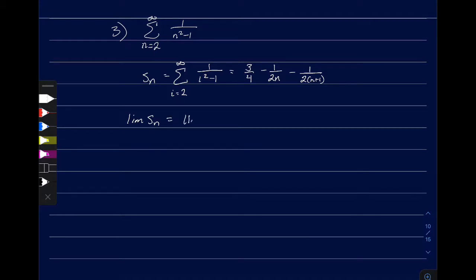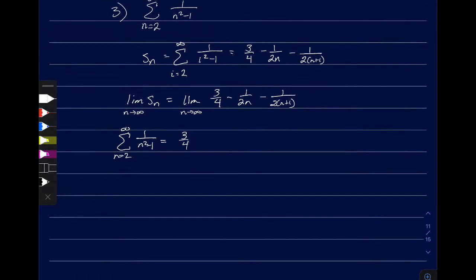Now if we were to take the limit of our sequence S_n, we get the limit as n goes to infinity of 3/4 minus 1 over 2n minus 1 over 2n plus 1, and that is going to be 3/4. So the limit of partial sums converges, which tells us that our series converges to the same number.